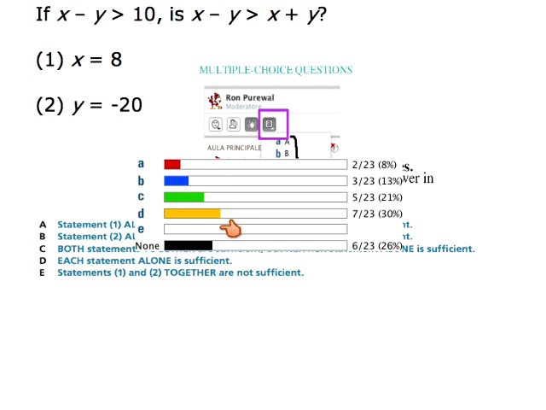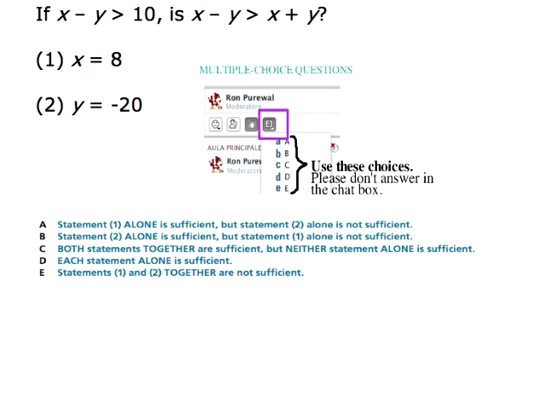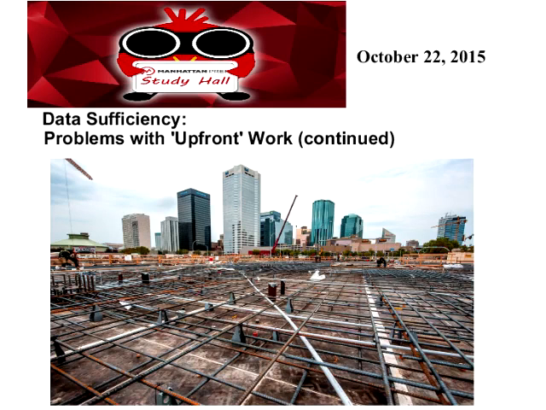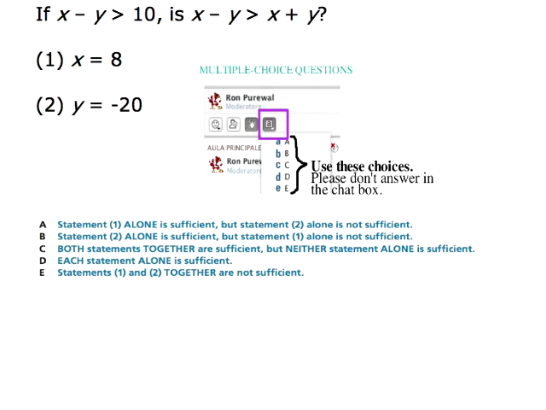But let's take a look. Remember what today's theme is. Today's theme is problems with upfront work. So you can probably guess that there is some work to be done up front in this problem. Yes, indeed.